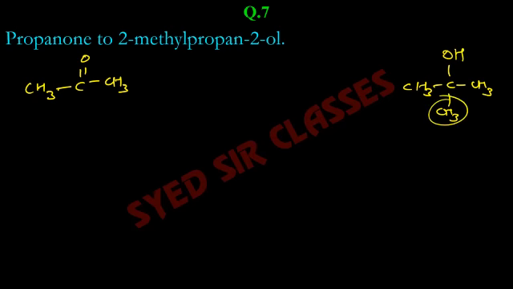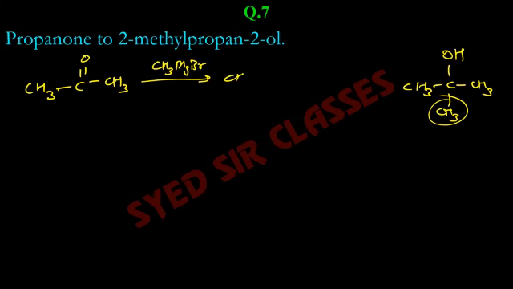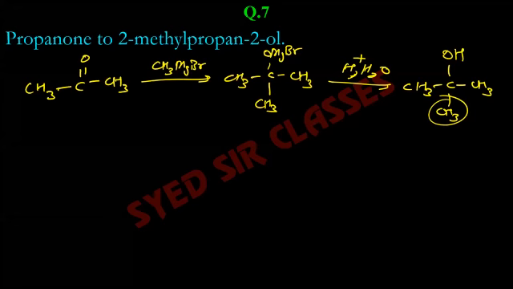So if you have to increase one alkyl group, you need to use CH3MgBr. It will give you CH3-C-CH3, with the CH3 attached here, and OMgBr. After that, you do acidic hydrolysis. The MgBr group will be replaced by H.